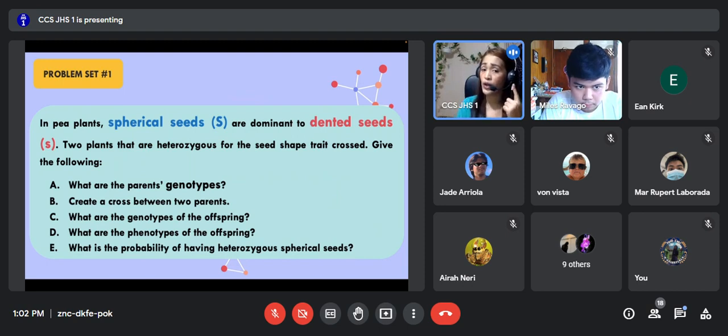Then we are asked to cross the two parents so that we can identify the possible genotypes and phenotypes of their offspring. And lastly, we are asked about the probability, the chance, that one of their offspring will have a heterozygous spherical seed.